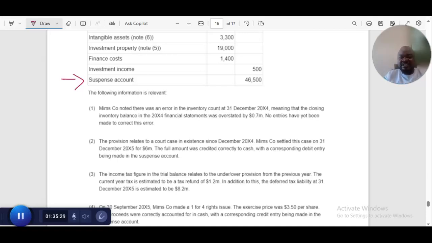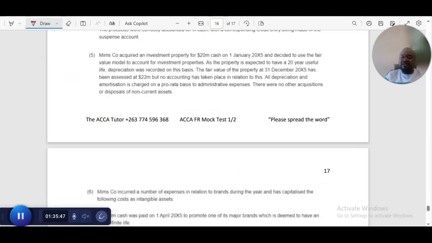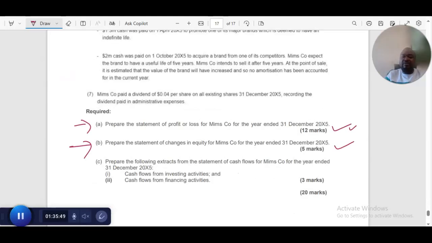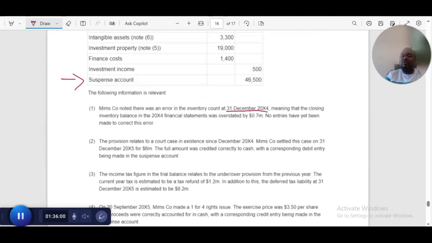Mims company noted there was an error in the inventory count at 31st December 2024. So when you see a date, ask yourself, for which financial year are these financials prepared? If you come back to the question requirement, you are being asked to prepare the statement of profit or loss for the year ended 31st December 2025. So this error in question, is it a current year error or a prior year error?